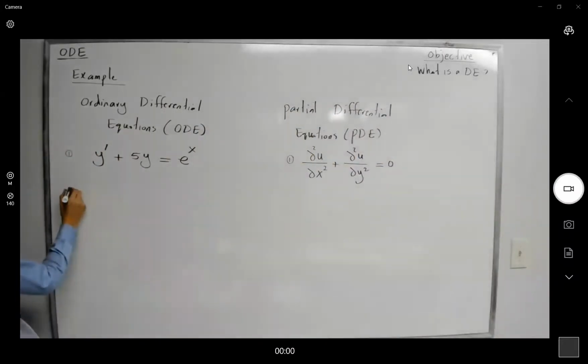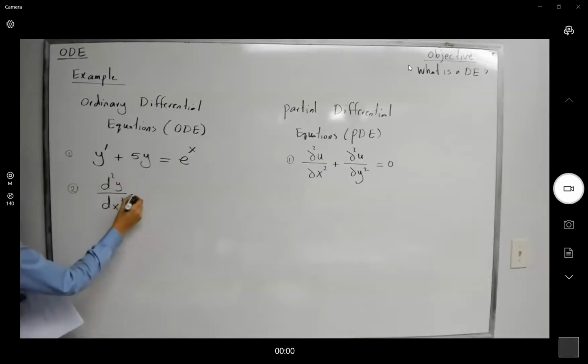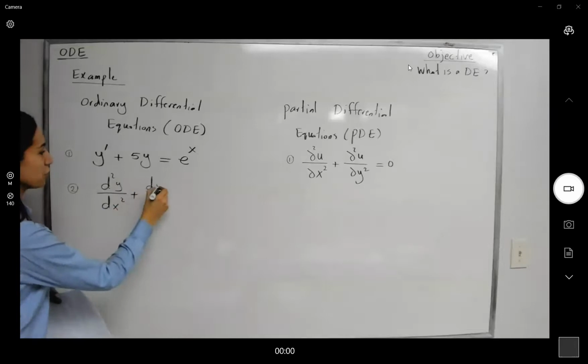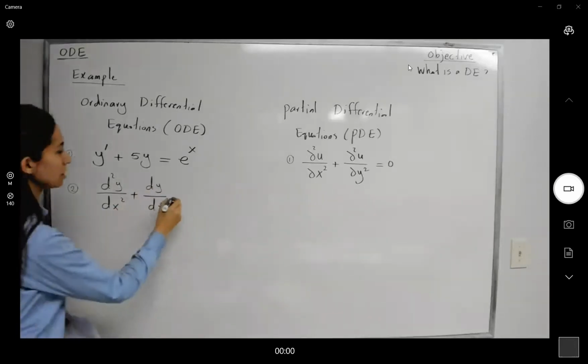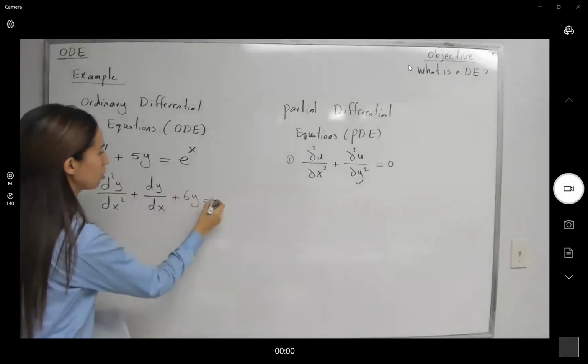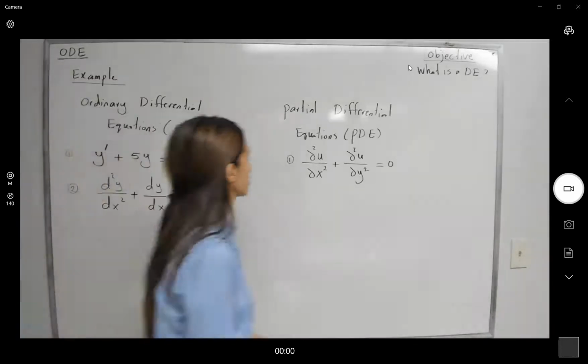Another example of ordinary differential equation, here you have the second derivative of y with respect to x plus the first derivative of y with respect to x plus 6y equal to 0. Ordinary derivatives, dy over dx.